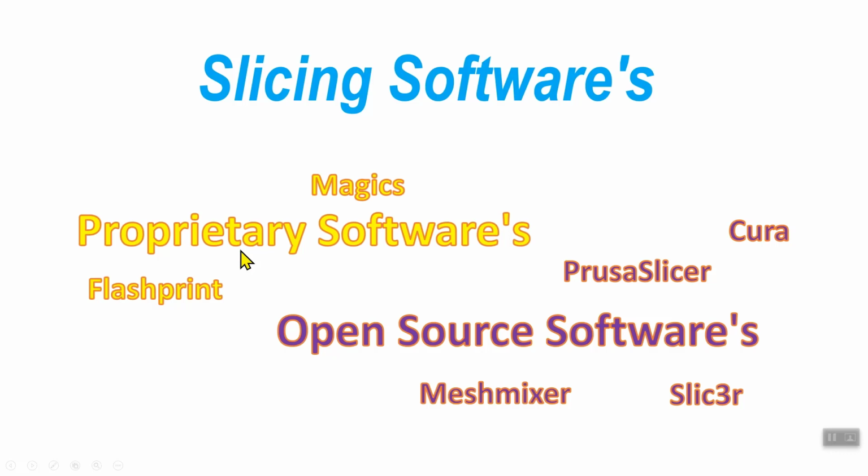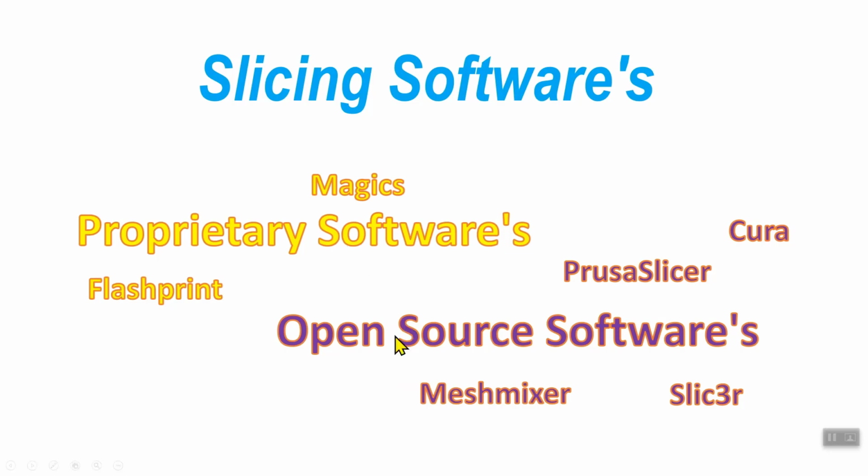Proprietary software is given to the user along with a machine. If you buy a proprietary machine from 3D Systems or Stratasys or other major players, along with the printer or additive manufacturing machine they provide a pre-processing software, which is a slicing software.